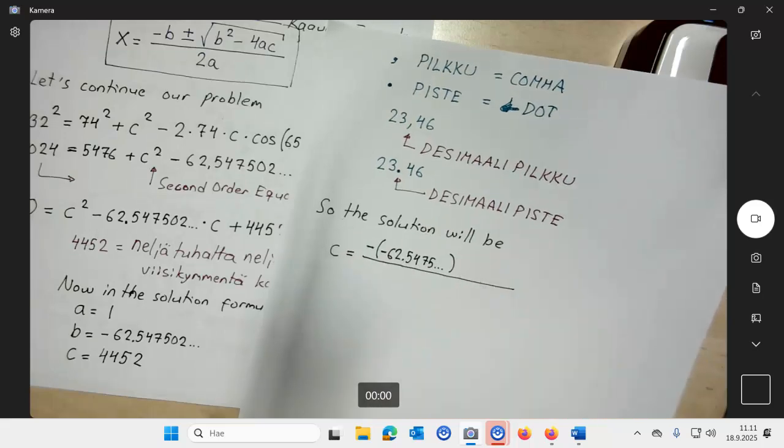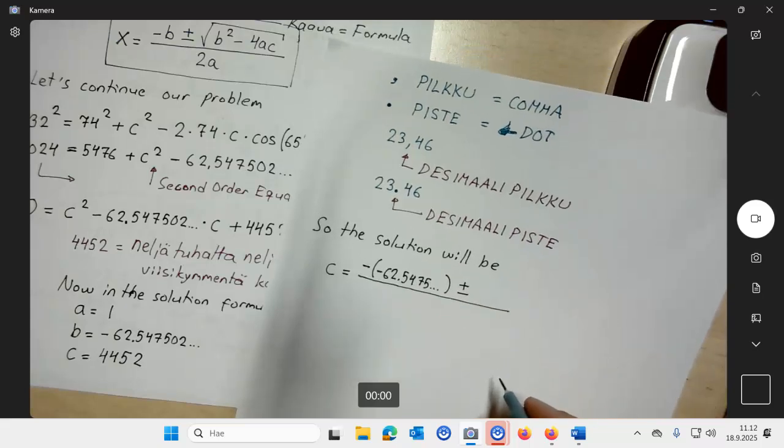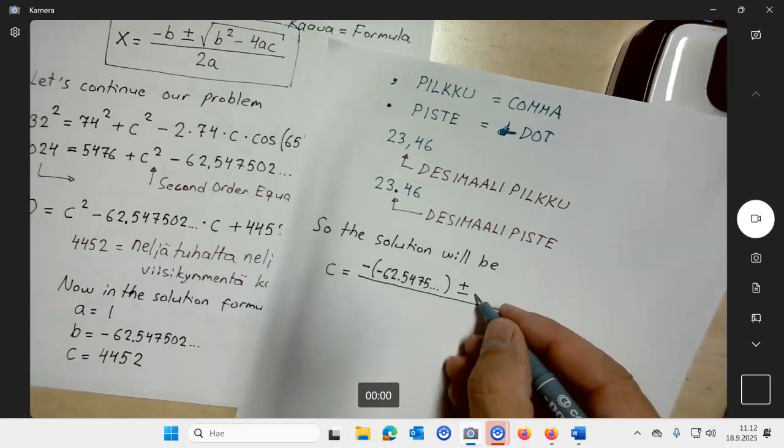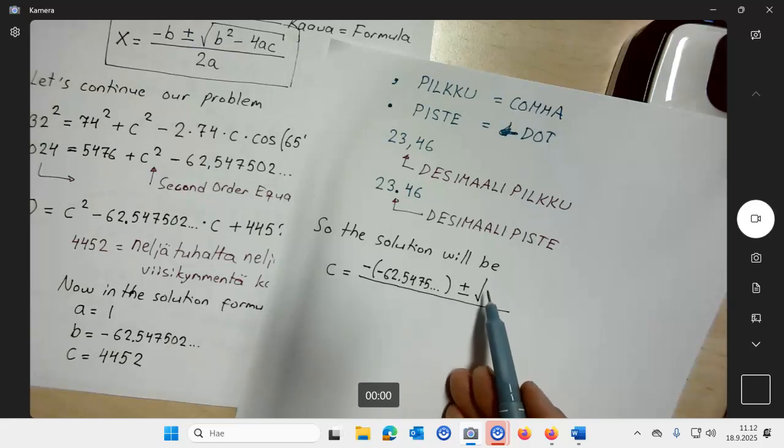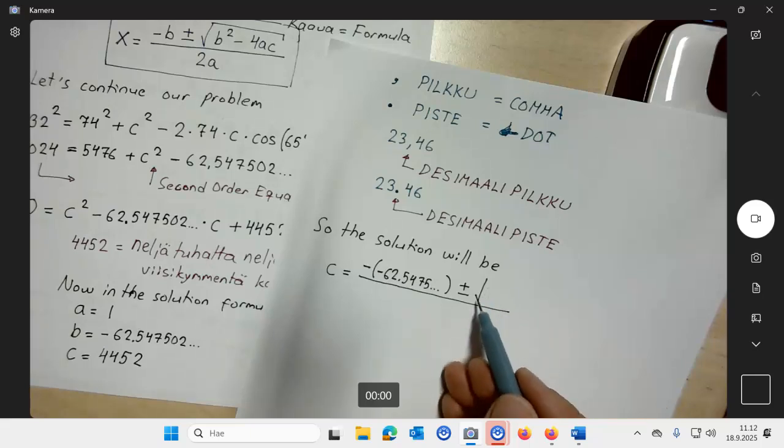And then we have plus minus, so it means we have two solutions, plus or minus. Do you remember the name of this sign? Juuri, or neliöjuuri. In this case it is square root, so it is neliöjuuri.